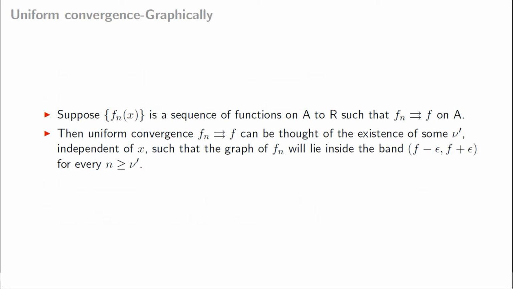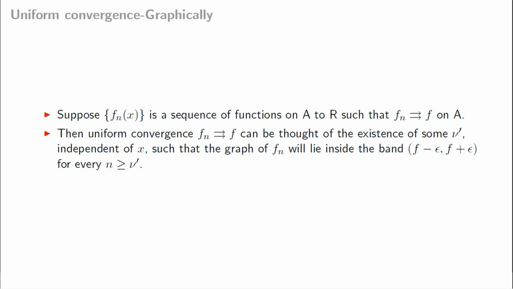So, let us start some graphical illustration of uniform convergence. Suppose f n x is a sequence of functions on A to R such that f n converges uniformly on A. Then uniform convergence can be thought of as the existence of some nu dash independent of x such that the graph of f n will lie inside the band f minus epsilon up to f plus epsilon for every n greater than or equal to nu dash.